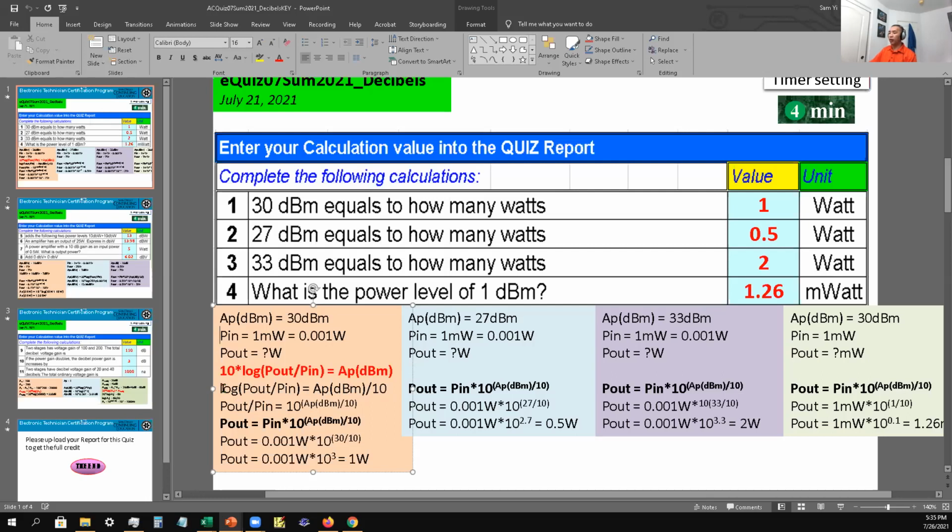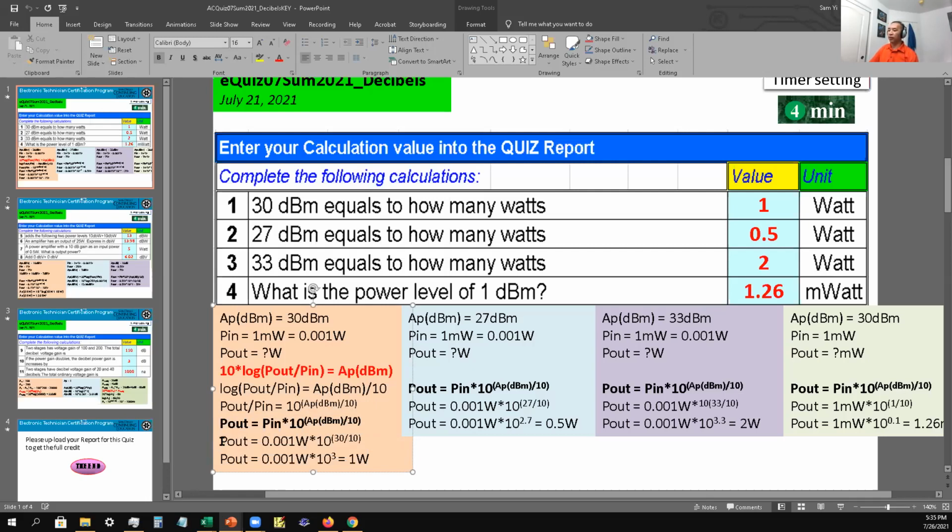Now I have to get rid of the log by taking the inverse log. So P out over P_ref will be 10 raised to the power of dBm divided by 10. That is going to be my general formula that I can apply. I multiply the P_ref to the other side, giving P out equals P_ref times 10 raised to the power dBm divided by 10.